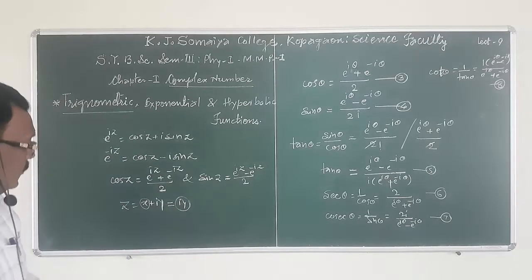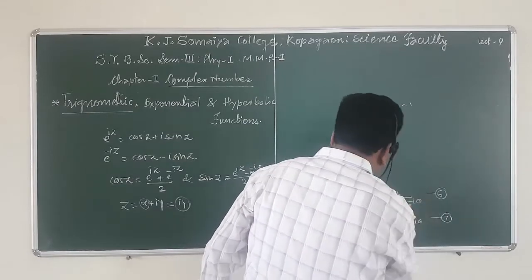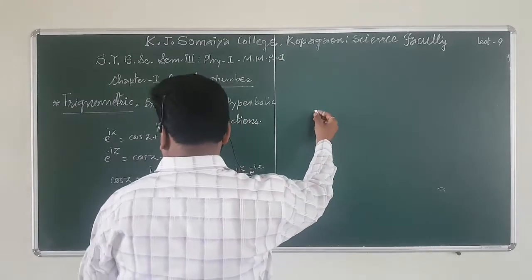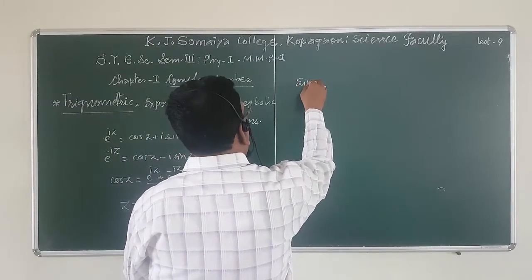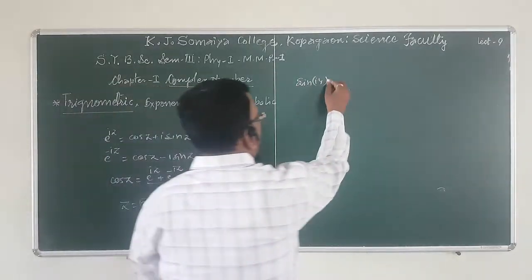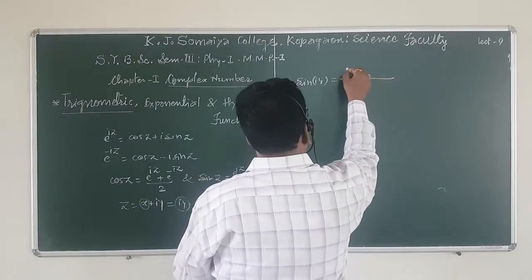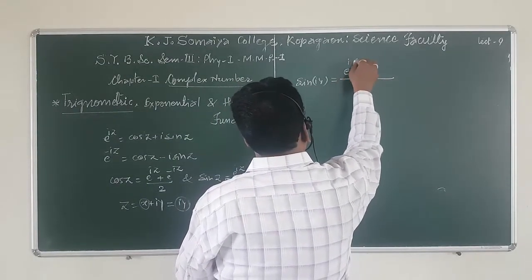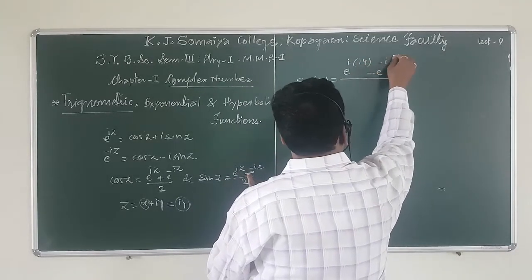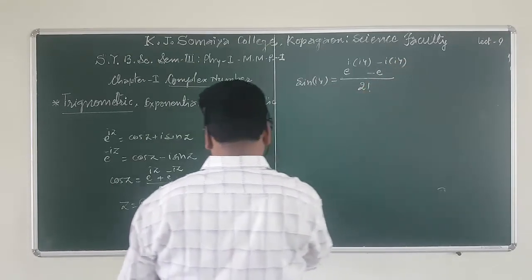We have first sin iy, replacing z by iy, is equal to e raised to i in bracket iy minus e raised to minus i iy upon 2i.